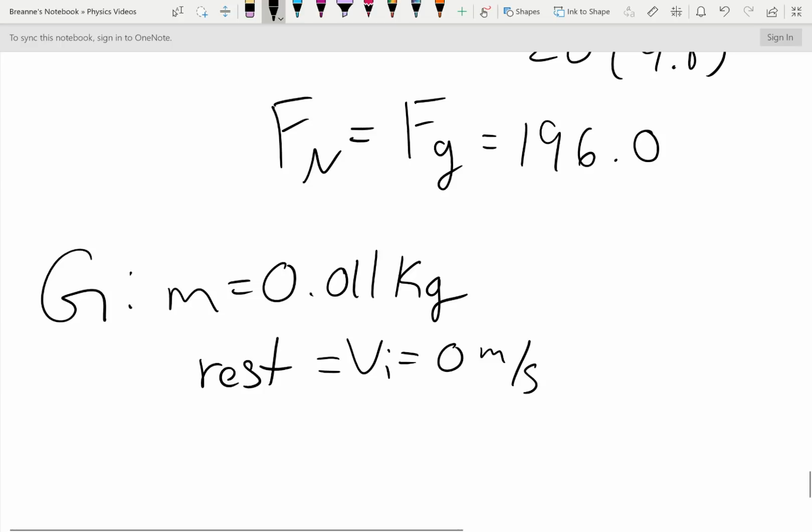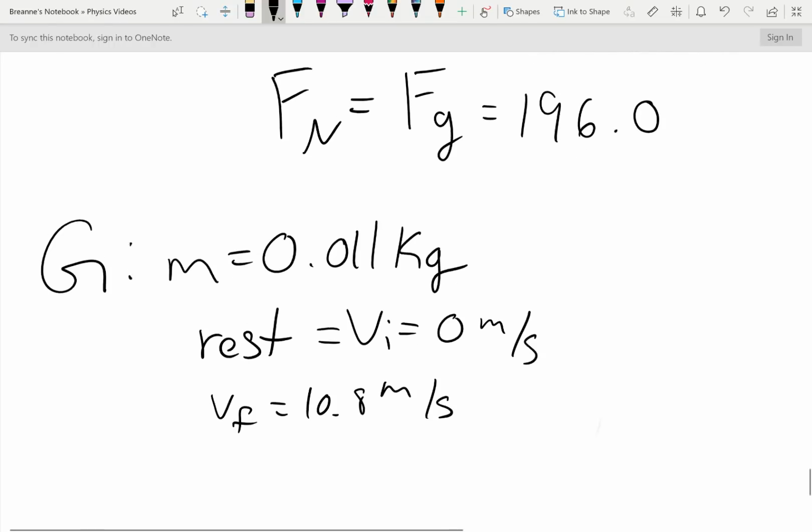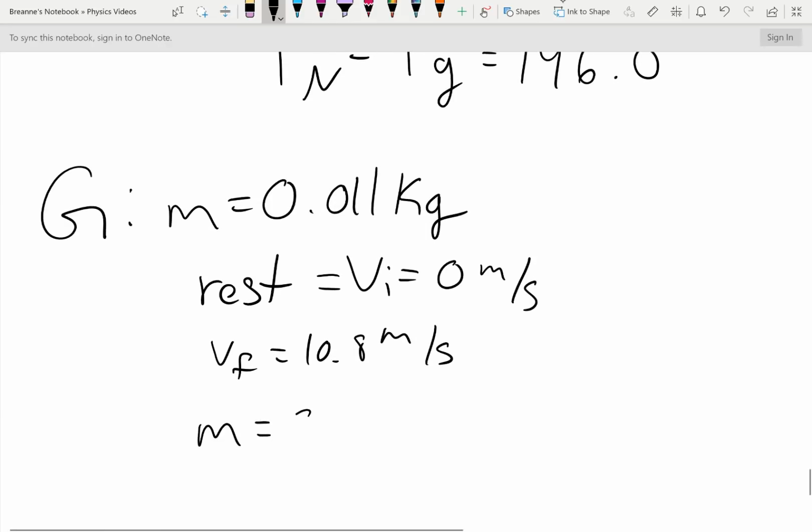And it's saying that it goes to 10.8, so that's your final velocity. And it does that in 0.03 meters.